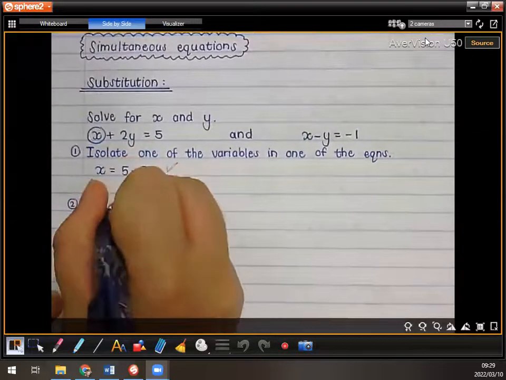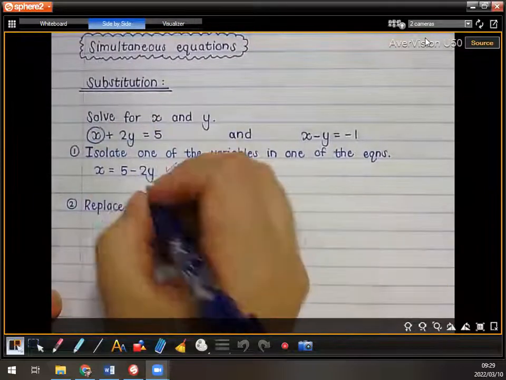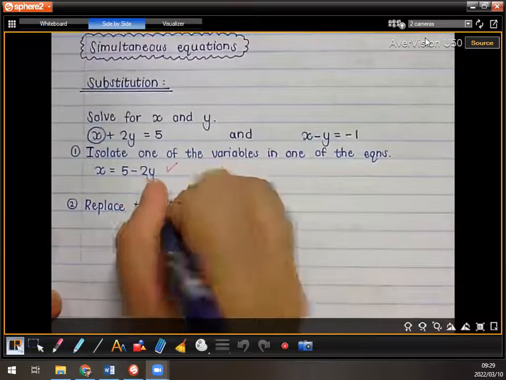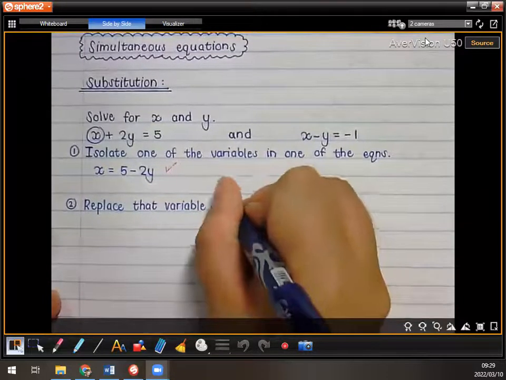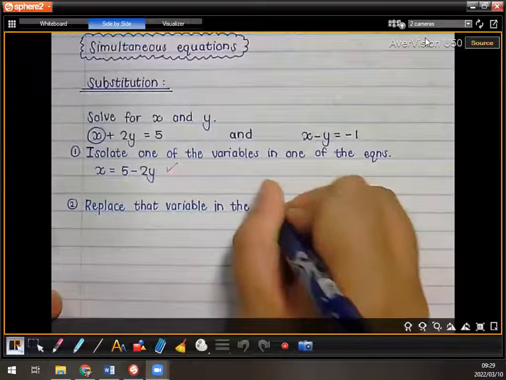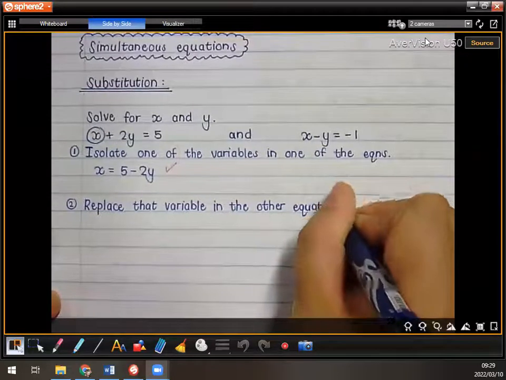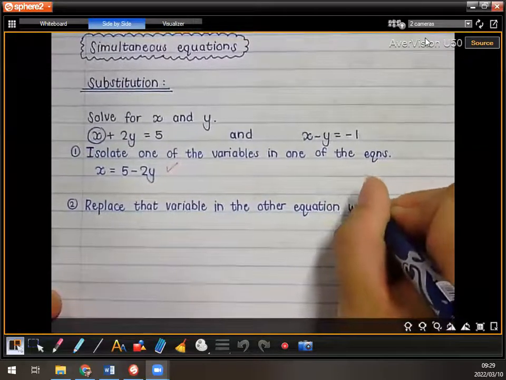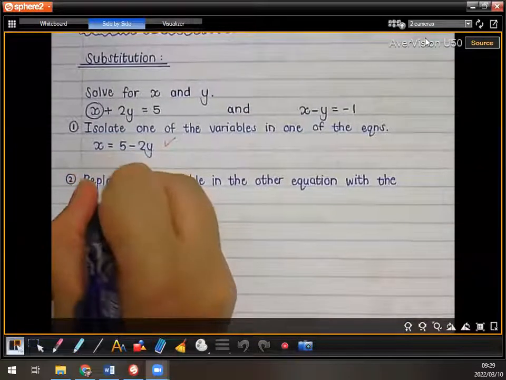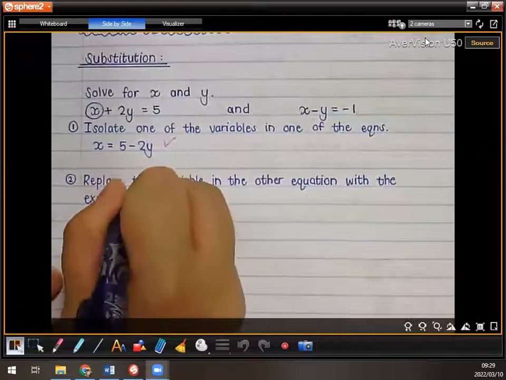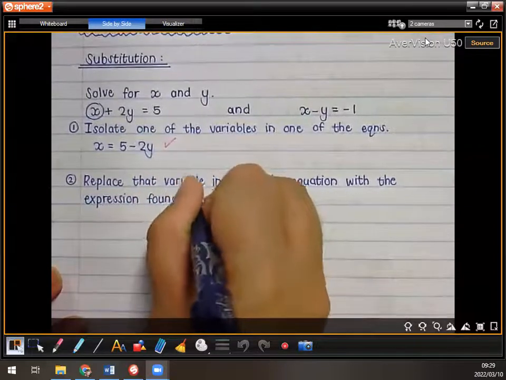Replace that variable, so the variable that you chose to isolate, so x in this case, replace that variable in the other equation with the expression found in step 1.